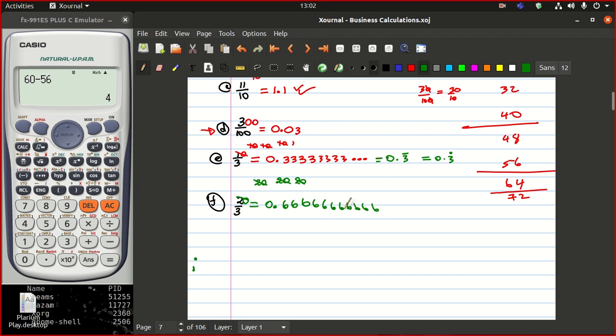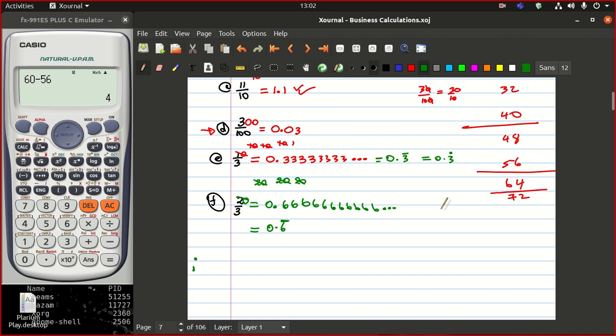If you don't want to write all of them because you're not going to finish, you just place 3 dots at the end. This is the same as saying I have 0,6 and then a bar or a dot to say that every number following the 6 is going to be 6 throughout. So this one here is writing the exact number.